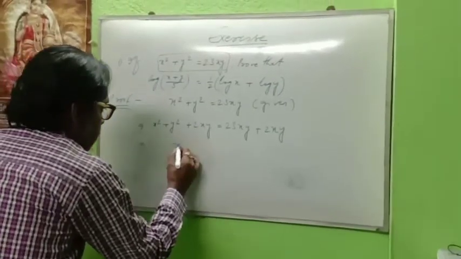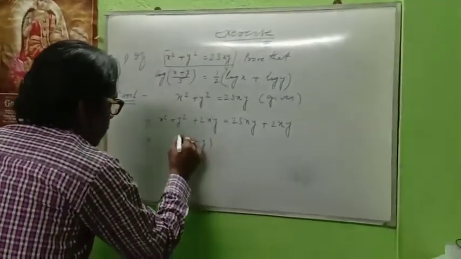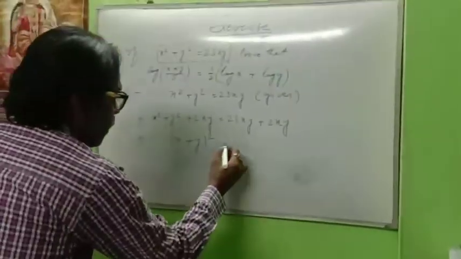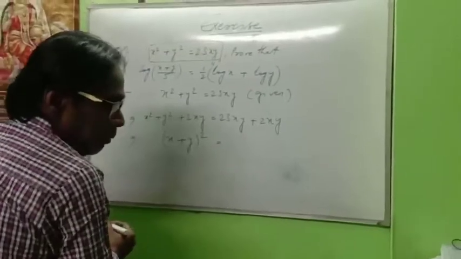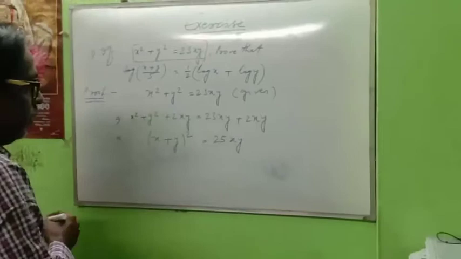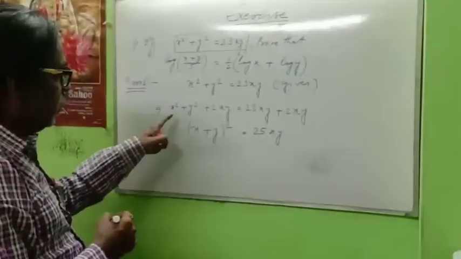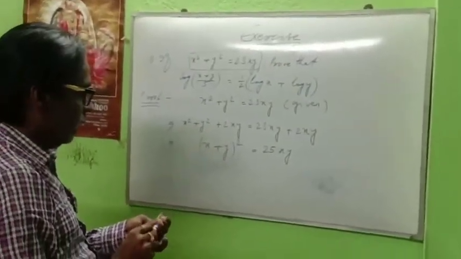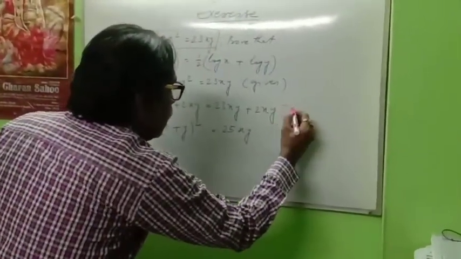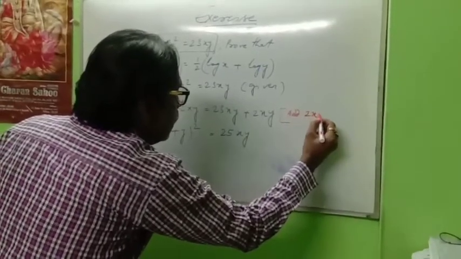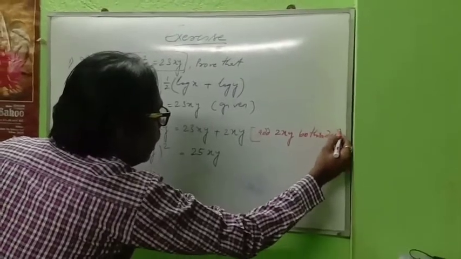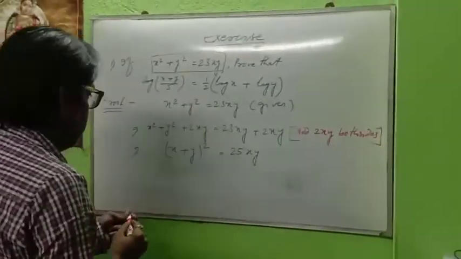This will be x plus y whole square, no doubt. And this side will be how much? 23xy plus 2xy will be 25xy. Adding 2xy both sides.